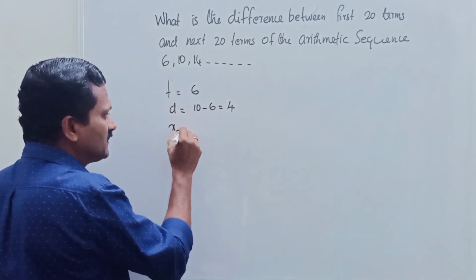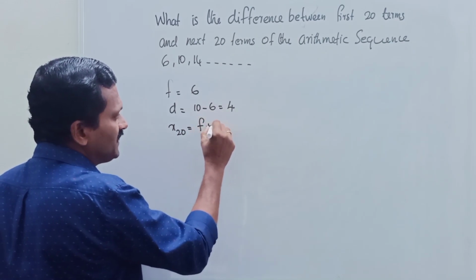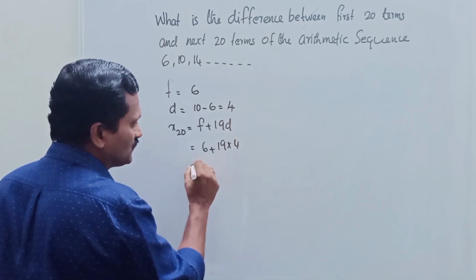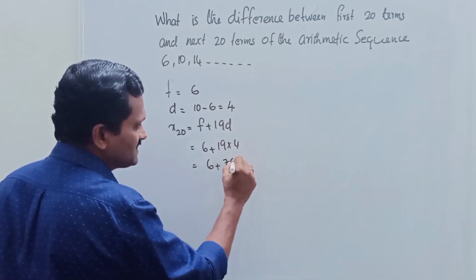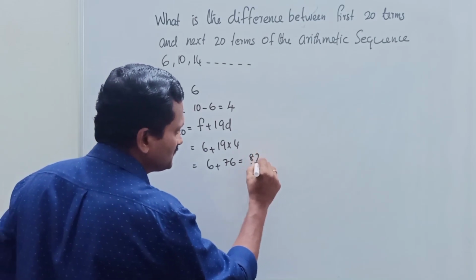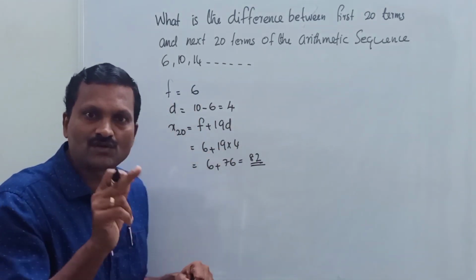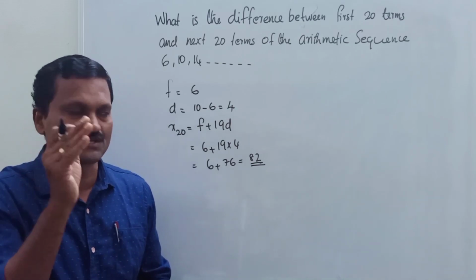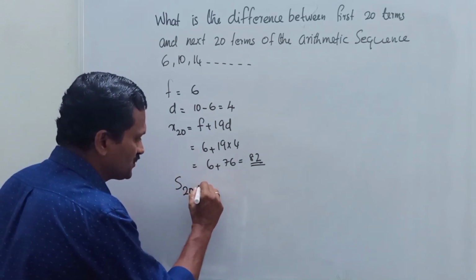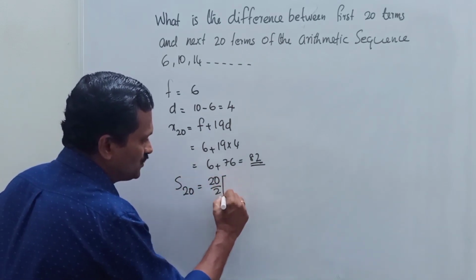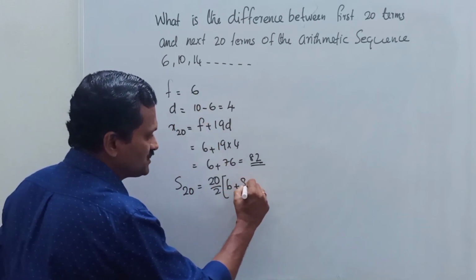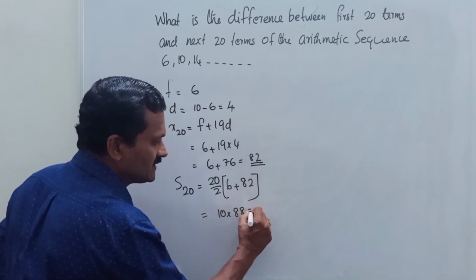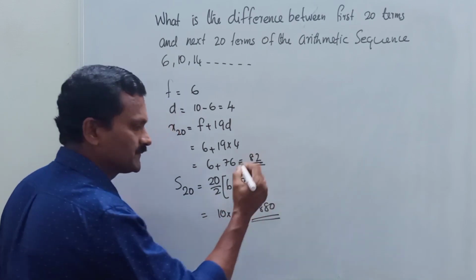Then the 20th term x20 equals f plus 19d, that is 6 plus 19 into 4, that is 6 plus 76, which equals 82. Now the first term and the 20th term are known, so using this we can find the sum of the first 20 terms. That is S20 equals 20 by 2 into the first term plus the 20th term, which equals 10 into 88, that is 880.